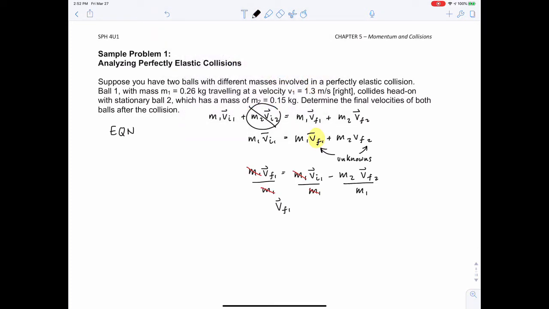So we're left with V final 1 is equal to V initial 1 minus M2 V final 2 over M1. And we actually have values for V1, M1, and M2, so we can sub in these values. We know that V final 1 is equal to 1.3 meters per second minus mass 2, which is 0.15 kilograms, times VF2, divided by mass 1, which is 0.26 kilograms.